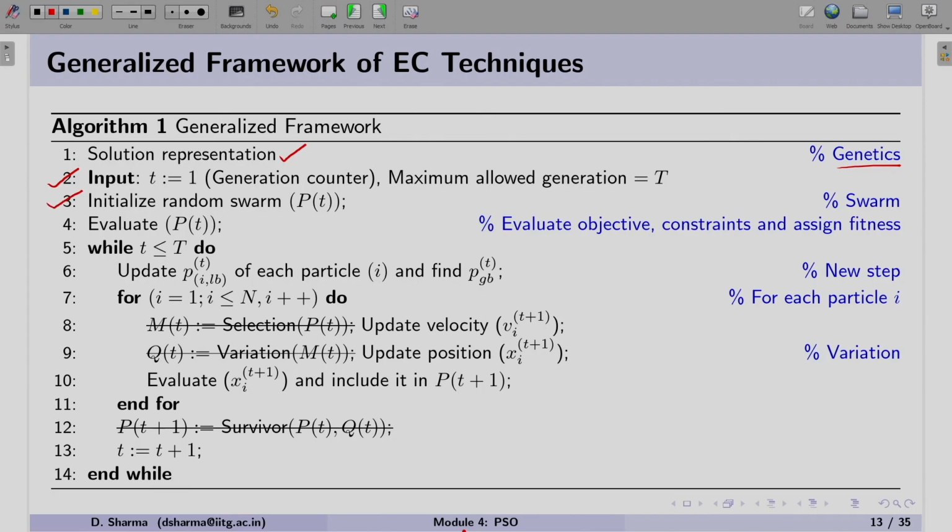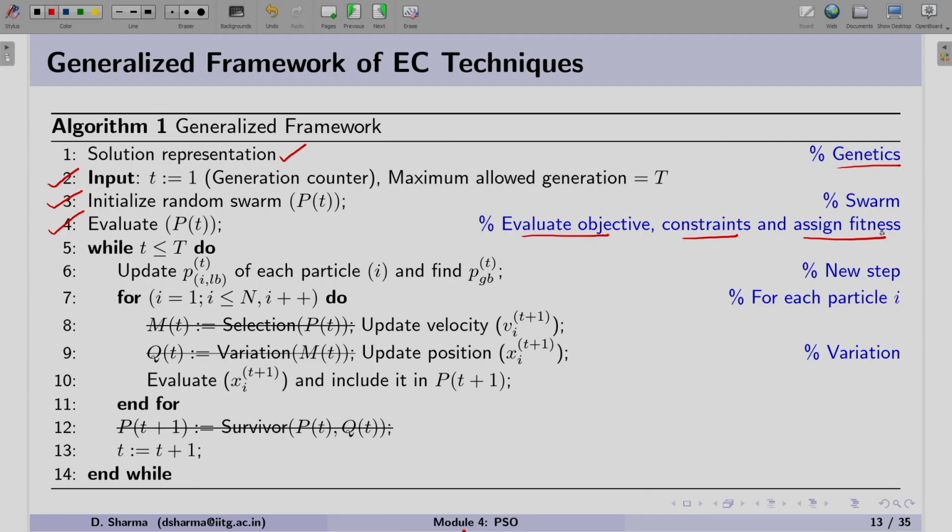Then we initialize our swarm. This swarm we generate randomly, and then each particle is evaluated, basically calculating the objective function and constraints, and then we assign a fitness. Till step number 4, all these steps are similar to GA.